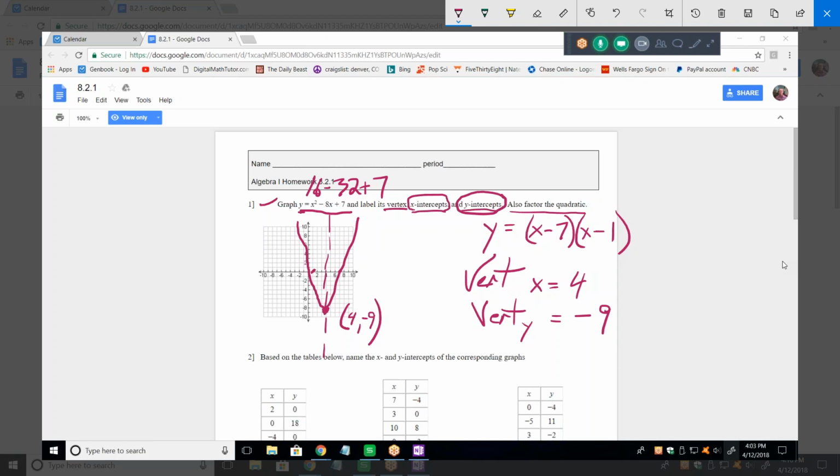When you plug in 0 for x, that term goes away. The only thing you're left with is the number. And that is right there. So the y-intercept is 0, comma 7.